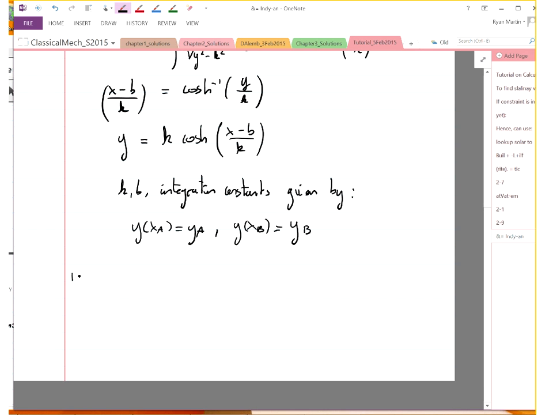So I'll note for part B, I'm not going to tell you how to solve it, but you can get the answer in terms of x equals an integral of dy, but then that's too hard to solve.